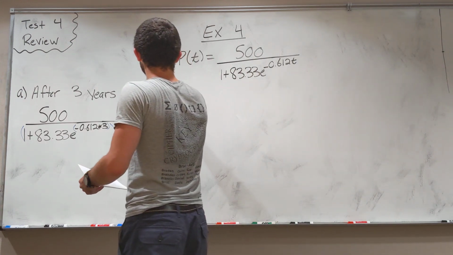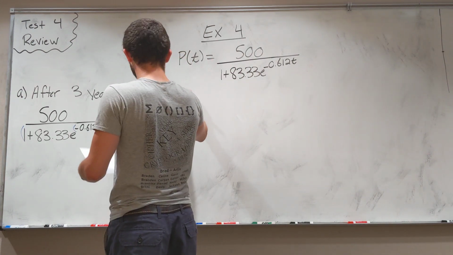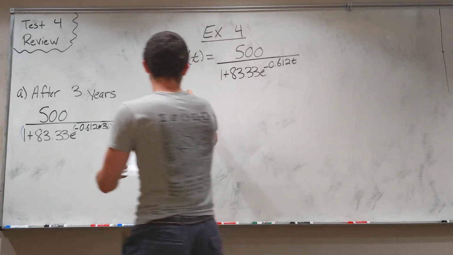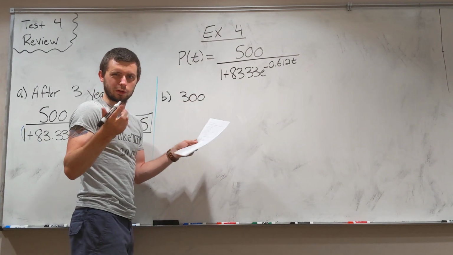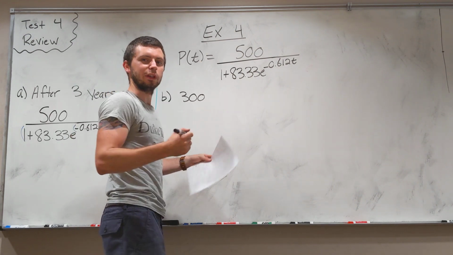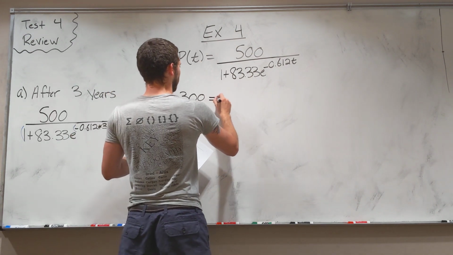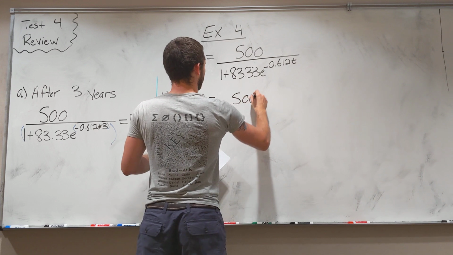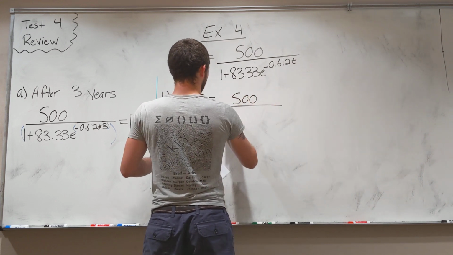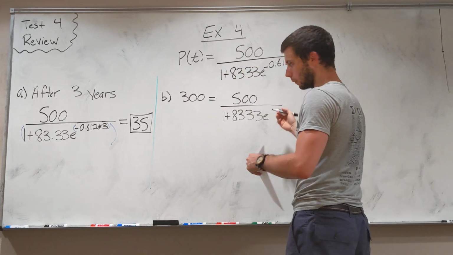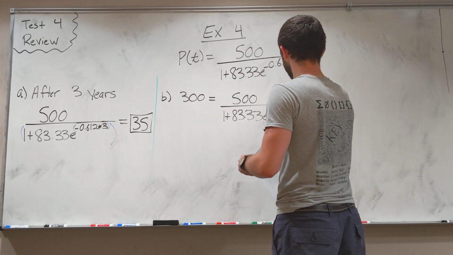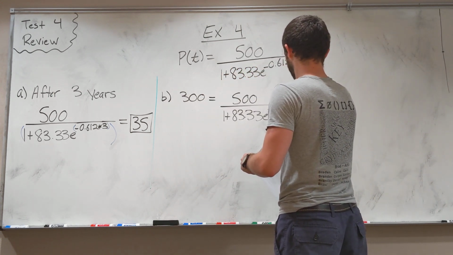So for part B here, what they're ultimately saying is set the whole equation equal to 300, and determine the amount of time that takes. This is something you will need to be familiar with for the test.